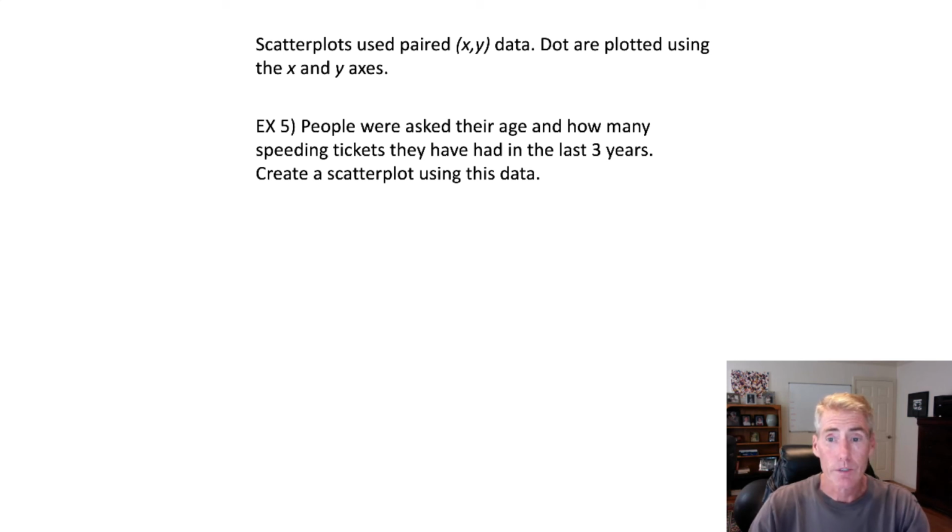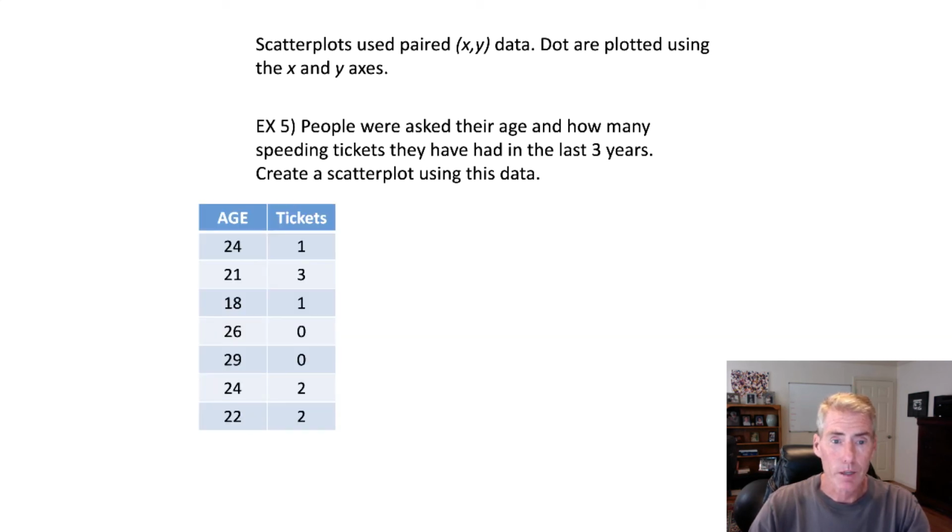They put the last 3 years because that's what affects your car insurance, how many tickets or how many points you have in the last 3 years. Then make a scatter plot. Here's the information. There was a 24-year-old person who said they had 1 ticket. A 21-year-old person that had 3 tickets. They're paying a lot for insurance. An 18-year-old with just 1 ticket, a 26-year-old with 0 tickets, etc.